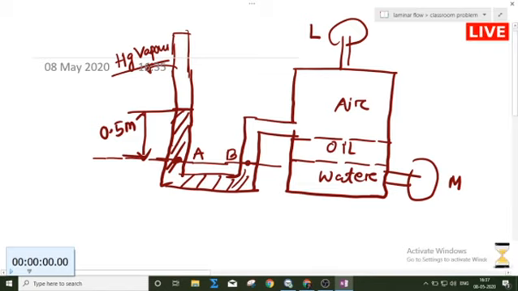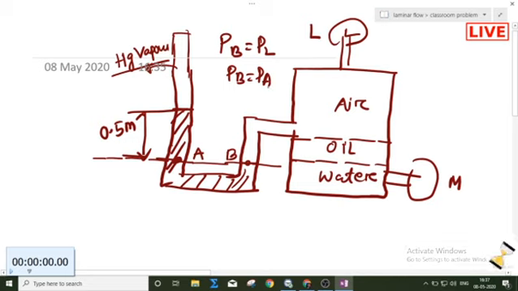So the pressure at point B will be equal to the pressure at point L, and the pressure at point B will be equal to the pressure at point A. If I can measure the pressure at point A, then I can find the pressure at L. It is very easy now.